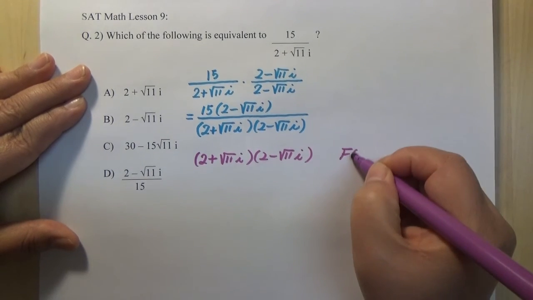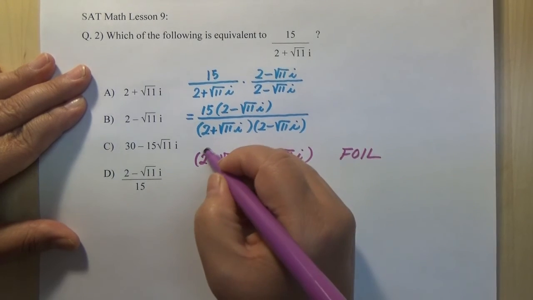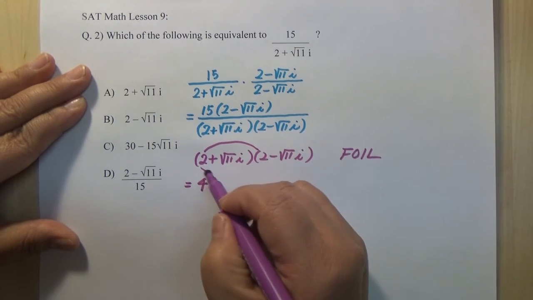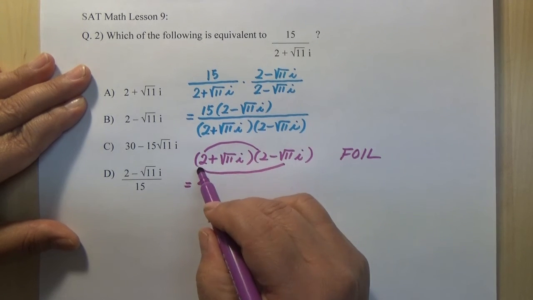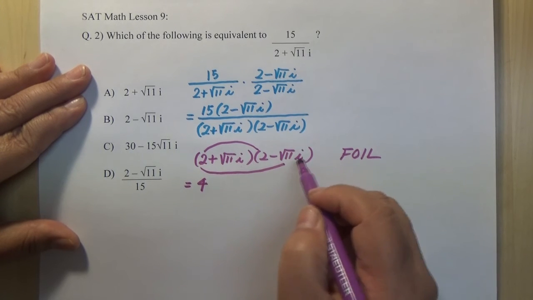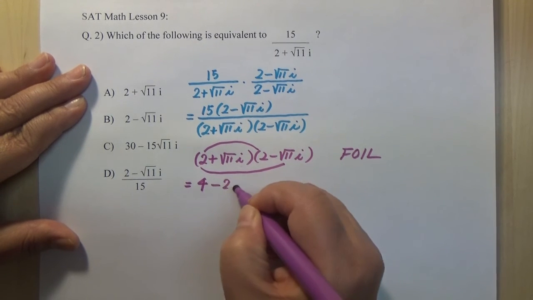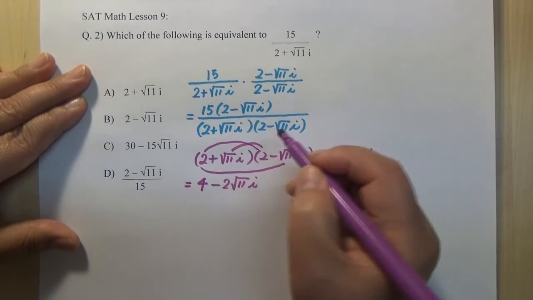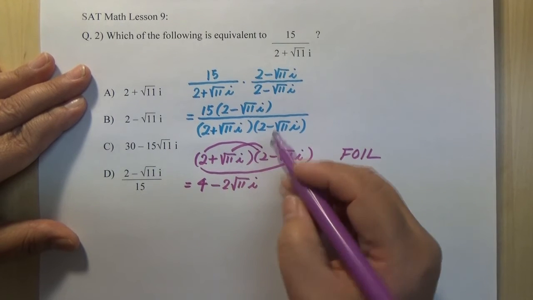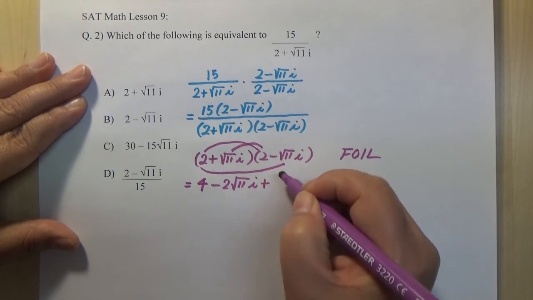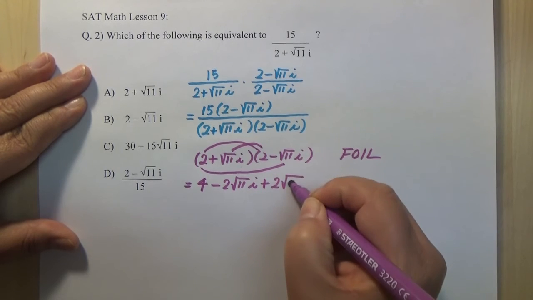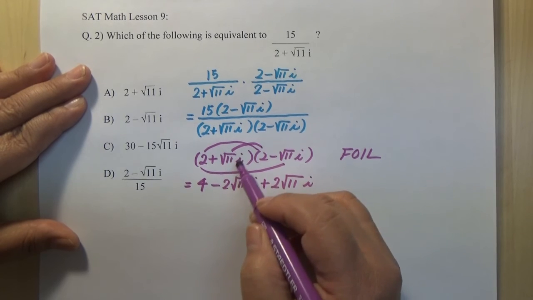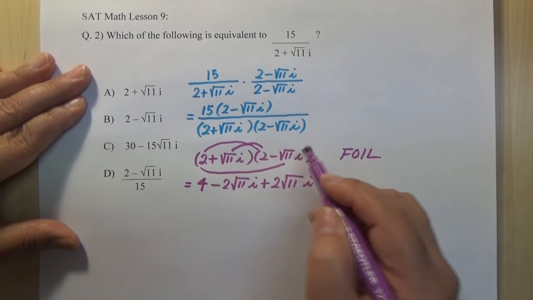So we're going to use FOIL again. First 2 times 2, which is 4, and then outer is 2 times negative square root of 11i, which is negative 2 square root of 11i, and then inner part square root of 11i times 2, plus 2 square root of 11i, and then last square root of 11i times negative square root of 11i, which is negative 11i squared.